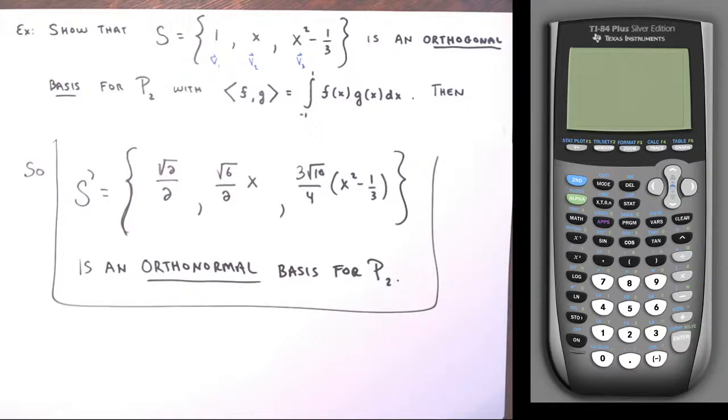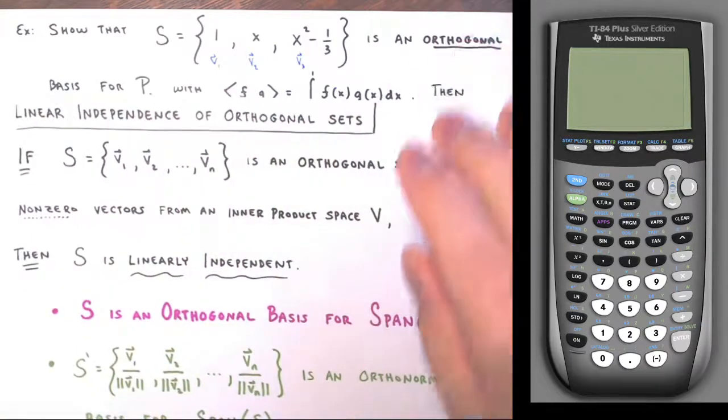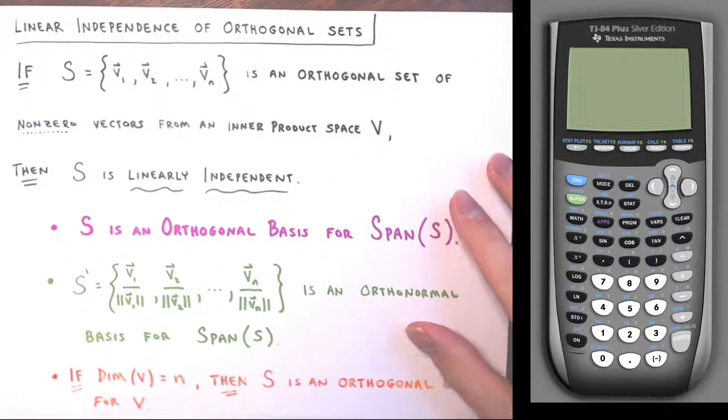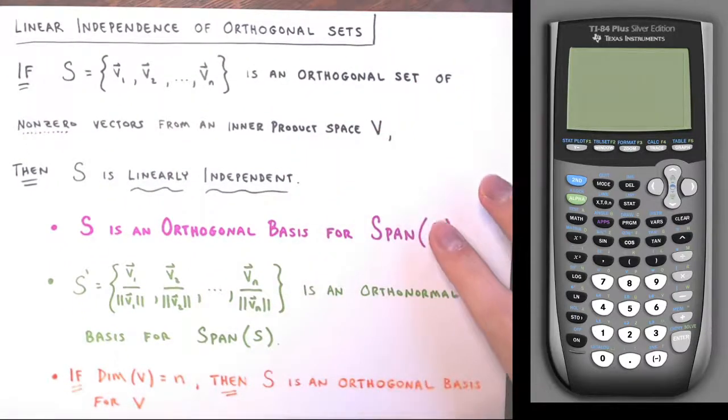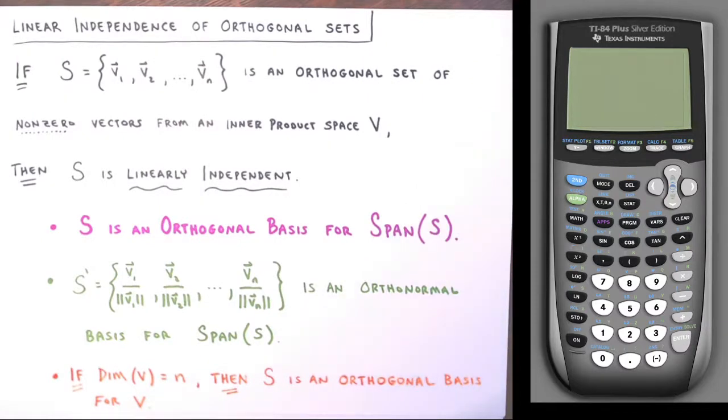And I think probably the key thing coming out of this video was the statement that an orthogonal set of non-zero vectors is linearly independent. I think this page was probably the most important page in the video. If you have an orthogonal set of non-zero vectors, that set will be linearly independent, and therefore be an orthogonal basis for the span of that set.